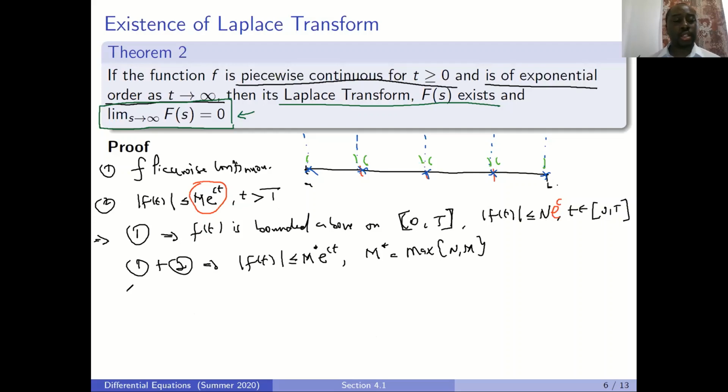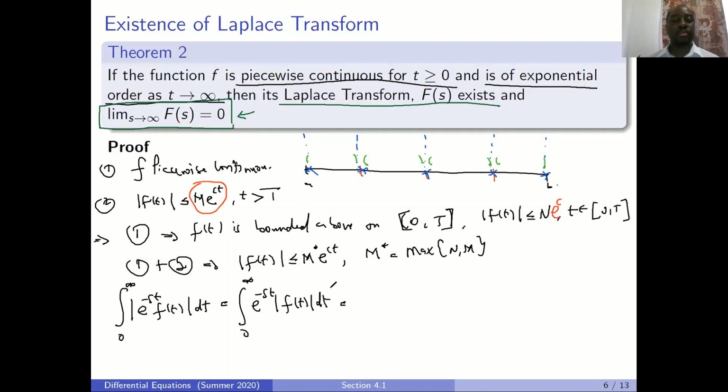Okay, so if that's the case, now let's look at the integral from 0 to infinity of the absolute value of e to the minus st f of t. Clearly, since e to the minus st is positive, this is the integral from 0 to infinity of e to the minus st times the absolute value of f of t, dt.